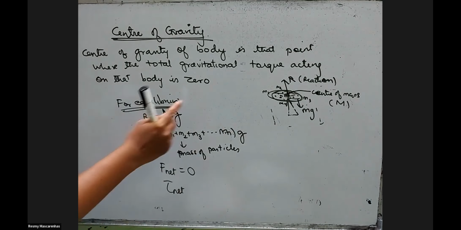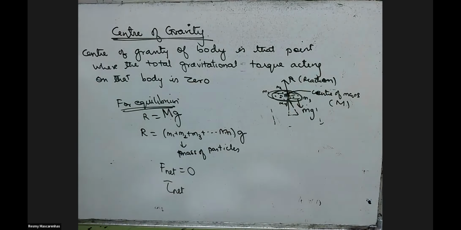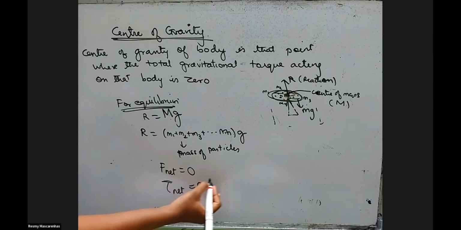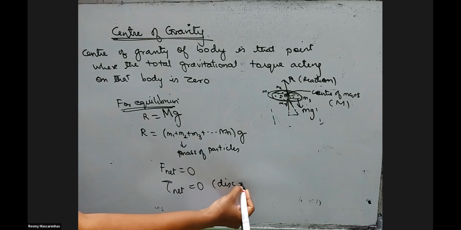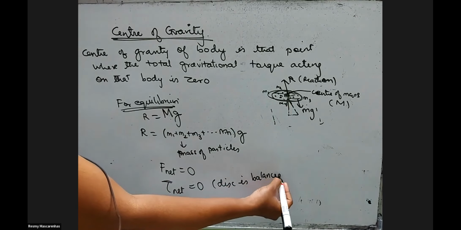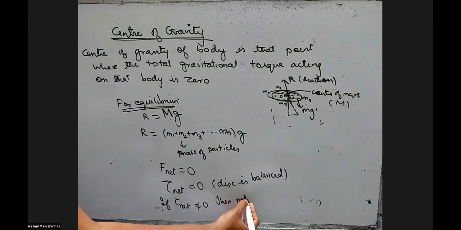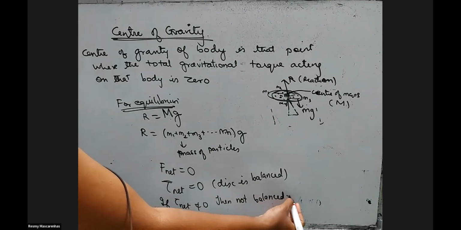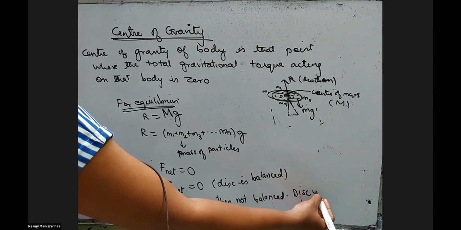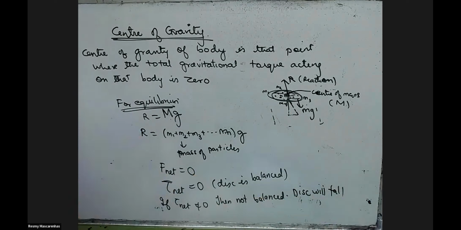This is for translational motion. If it is moving straight this way, or if it is spinning, then the torque matters. This means that this disk is balanced. If this torque was not zero, then the disk would not be balanced, and the disk would fall down.